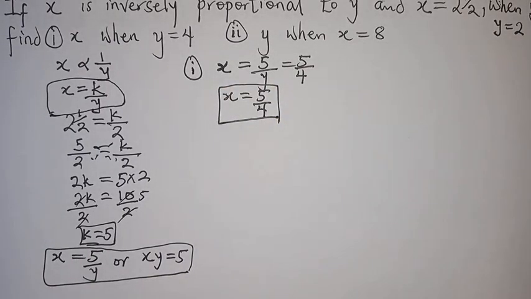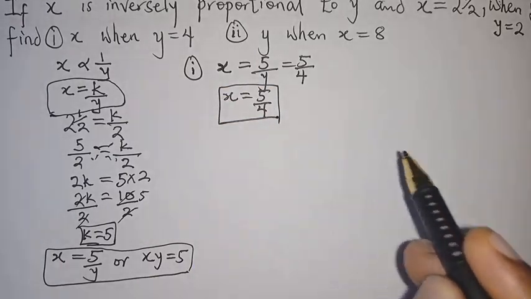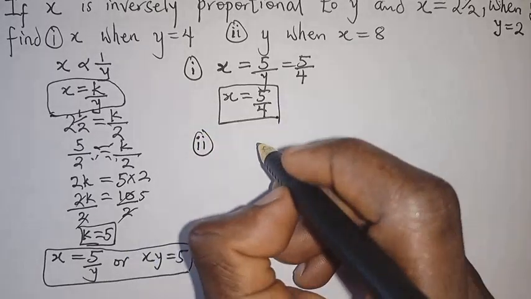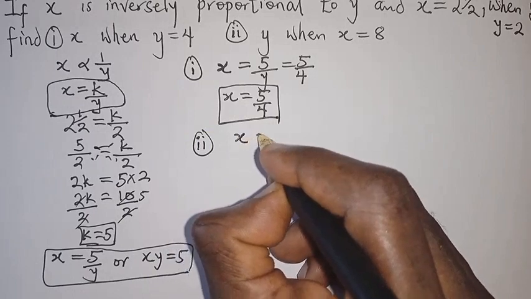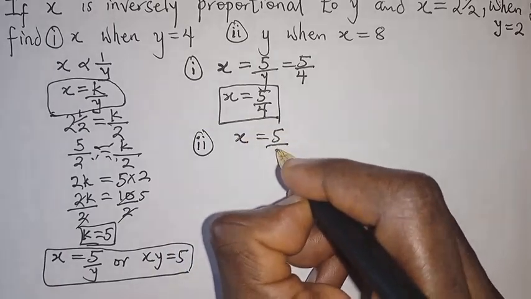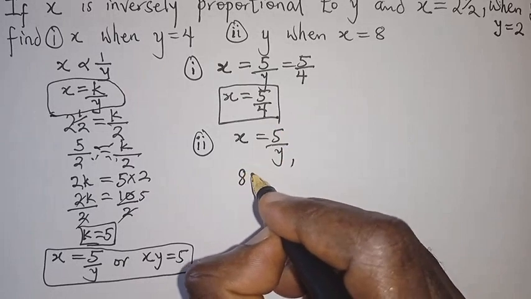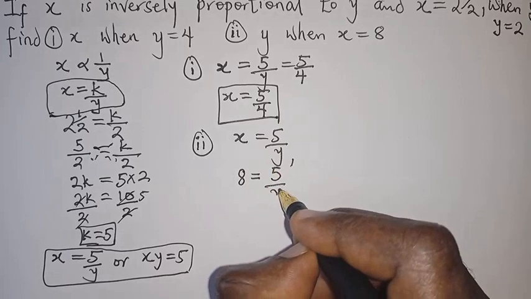Then the next part of the question says find y when x equals 8. Remember the relationship again says x equals 5 over y. They told us this time that x equals 8, and so we're looking for y.